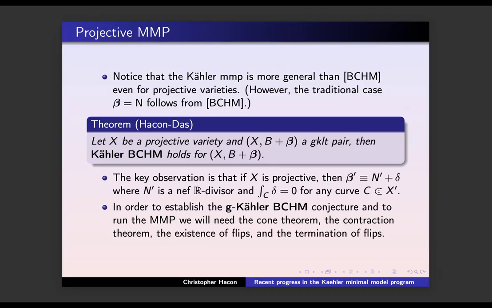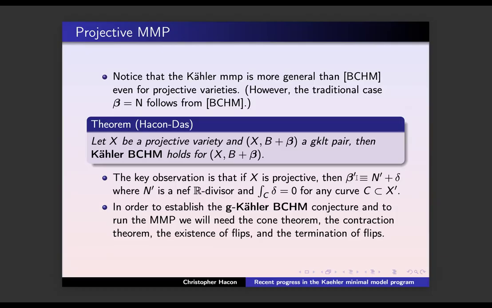So in other words, from the usual numerical equivalence point of view, this (1,1) form is always numerically equivalent, in the sense that it has the same integral along any curve, to an R-divisor. And so then you just apply BCHM to the corresponding R-divisor.